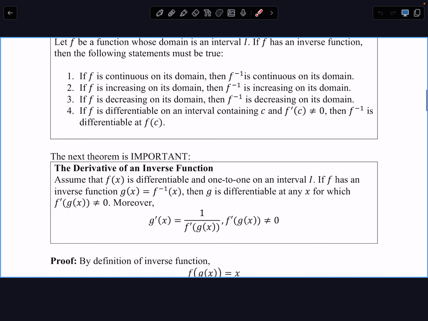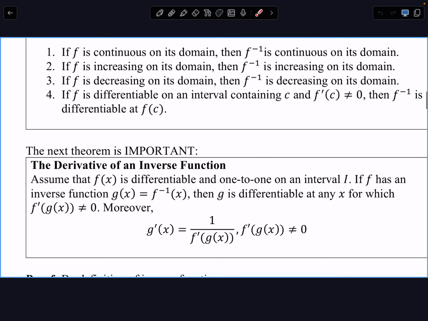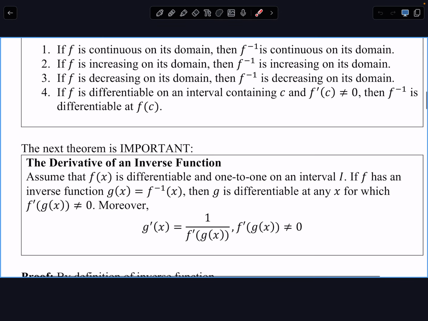So this next theorem, you guys, is going to be important. You need to know this, because questions about the derivative of an inverse function are going to come up, probably in the multiple choice section. So what this says is assuming that f is differentiable and one-to-one on the interval I, so you know f has an inverse because you're given it's one-to-one.